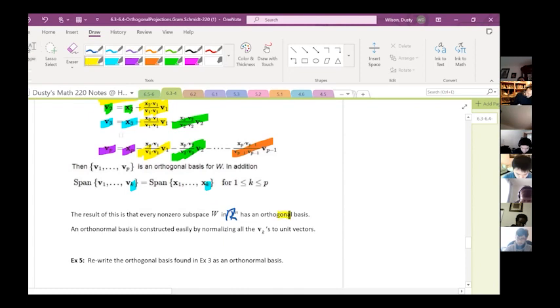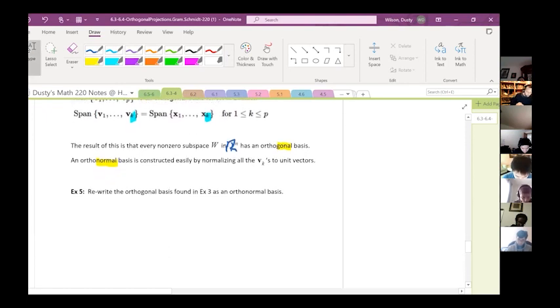And if you want to find an orthonormal basis, it's easily constructed by first finding the orthogonal basis and then turning everything into unit vectors. So for example, in example 3, we had V1 we found was 3, 0, -1.